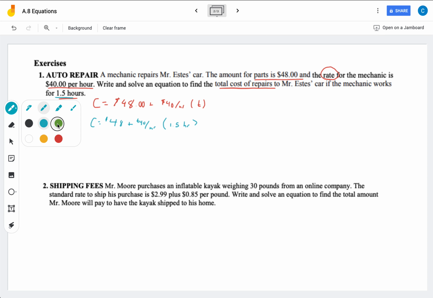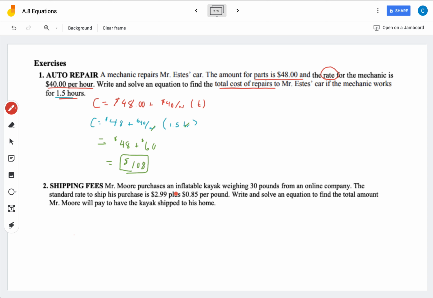All right, and when I do that, I know that hours on bottom cancel out with hours on top, so I get cost equals $48 plus 40 times 1.5 is 60, and what's left over is dollars and dollars here, so I can add them up because they're both dollars, and my total is $108. And we can move on to the next one.